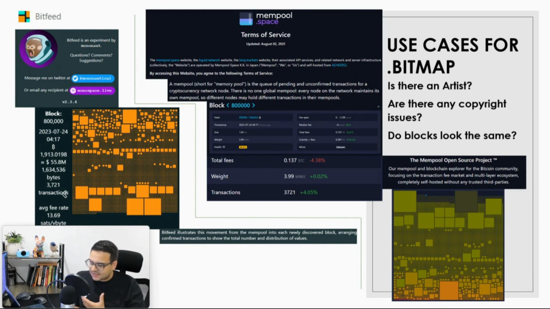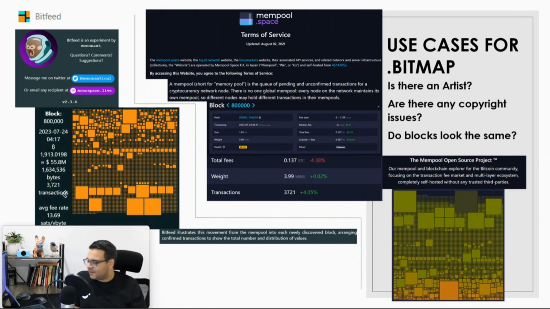But there's this statement on there which says: Bitfeed illustrates this movement from the mempool into each newly discovered block, arranging confirmed transactions to show the total number and distribution of values. So just reading that first line there, Bitfeed illustrates this movement from the mempool into each newly discovered block.